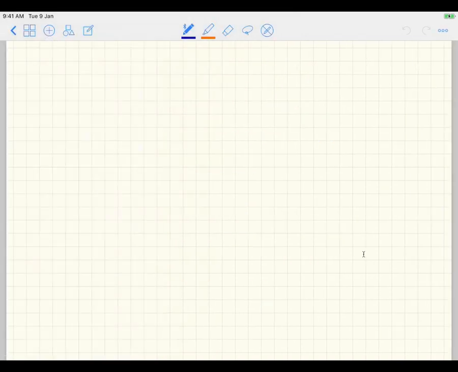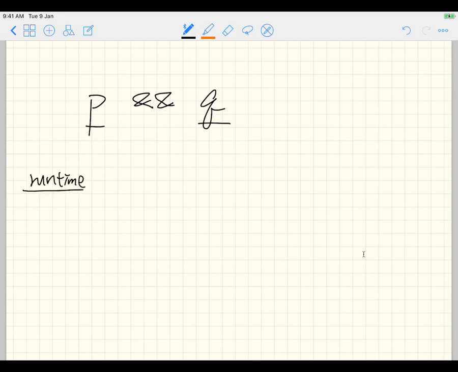Okay, so now, when I have P and Q, we know that the only way to make it true is P is true and Q is true. Now at the runtime, the only principle you have to remember is how are we going to evaluate this particular conjunction?